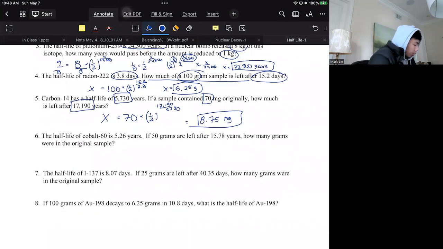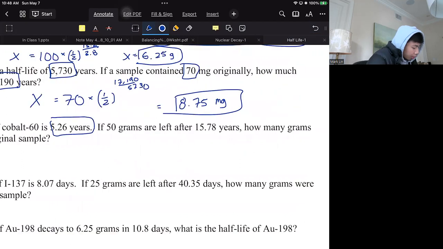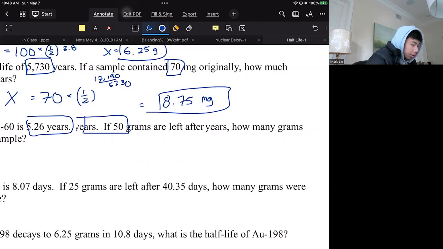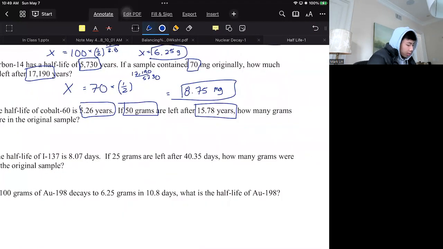Number six, the half-life of cobalt 60 is 5.26 years. If 50 grams were left after 15.78 years, how many grams were in the original sample? All right, so here we have the half-life, the final amount, and then we have the time elapsed, 15.78 years.